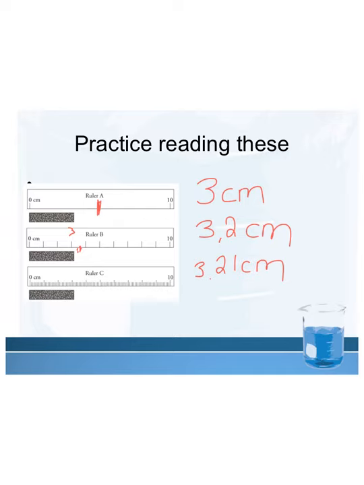On the first one on here, we had no digits that we were absolutely certain of. We just knew it was between 0 and 10. On the next one, we were positive about the 3. And then on the next one, we were positive about the 3 and 2. So I'm going to mark those digits I was certain of with the green.